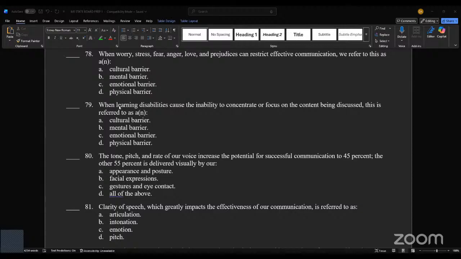And if I get you by how I look, I'm looking amazing, 55%, I got you. We're finna have a great class. The other 45 is what comes out of my mouth and how it comes out and the rate it comes out.